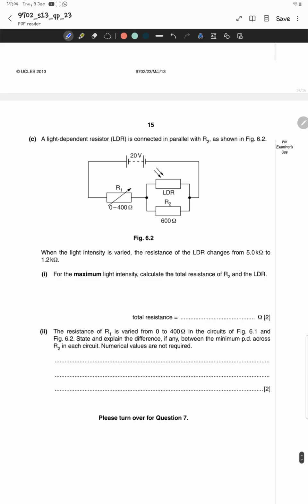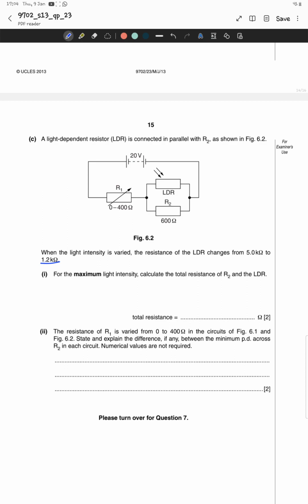Okay, a light-dependent resistor is connected in parallel with R2 as shown in figure 6.2. When light intensity is varied, the resistance of the LDR changes from 5 kilo ohms to 1.2. So resistance decreases, which probably means that more light is shone on it, right? For maximum light intensity, calculate the total resistance of R2 and the LDR.